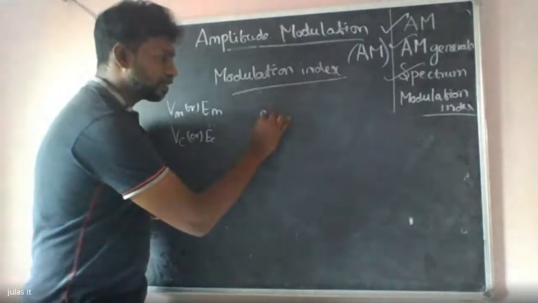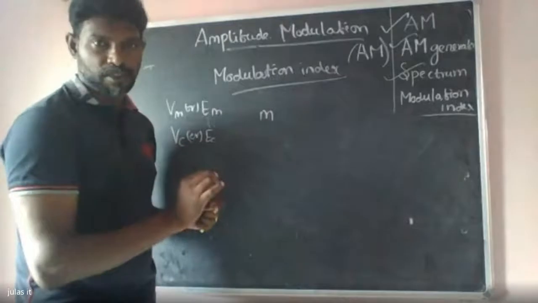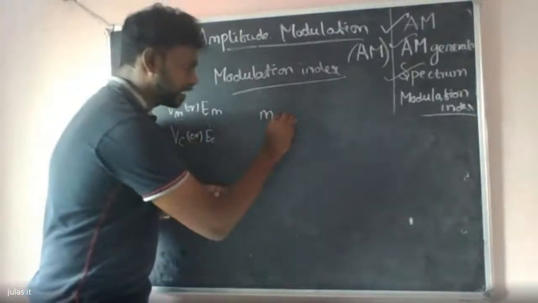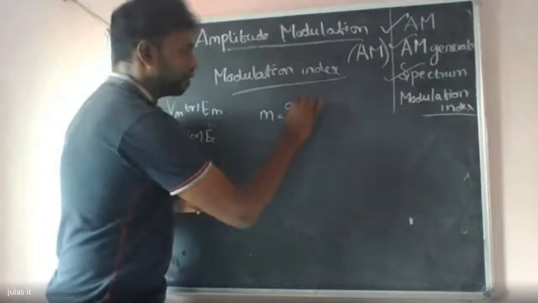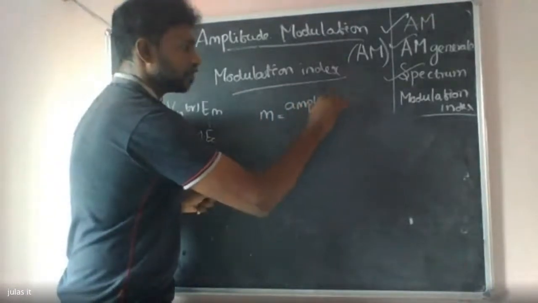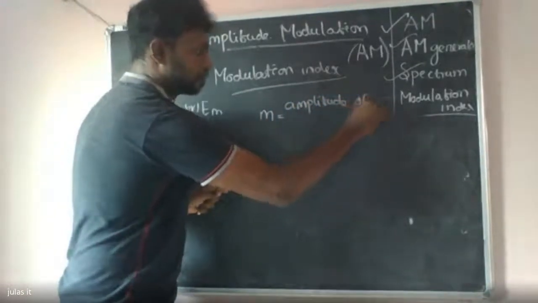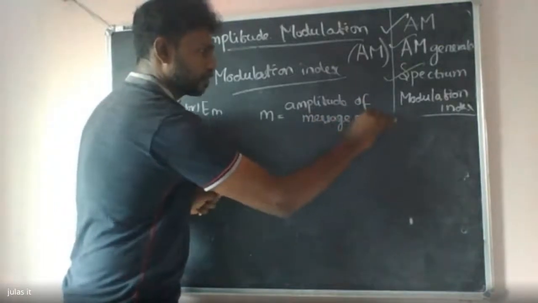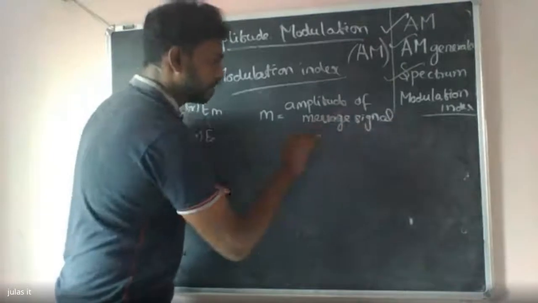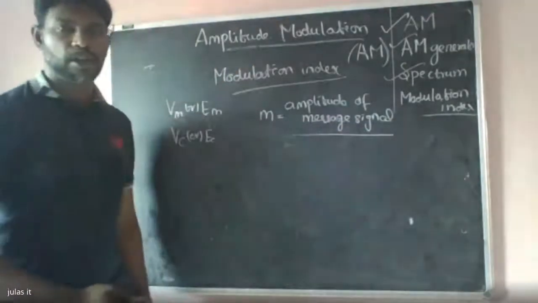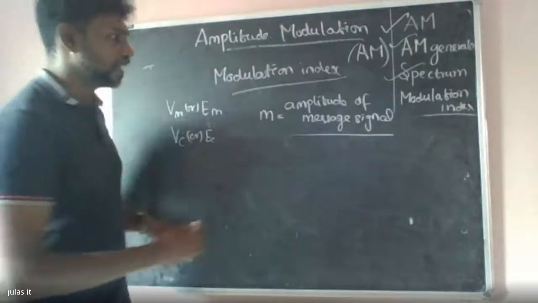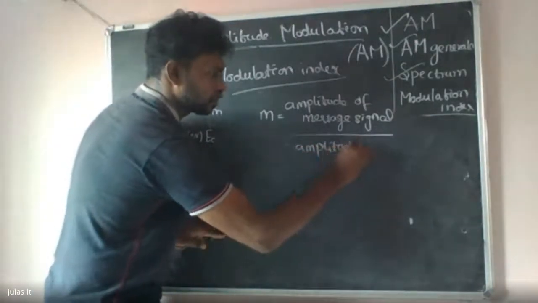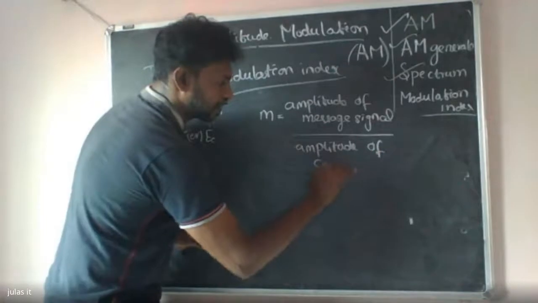Modulation index is represented by small m. It is nothing but the amplitude of the message signal divided by the amplitude of the carrier signal.